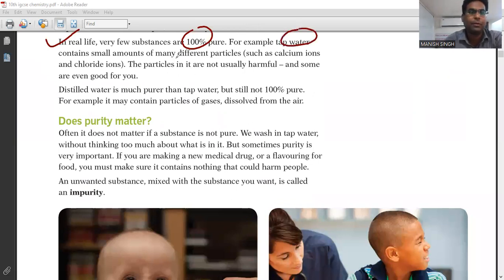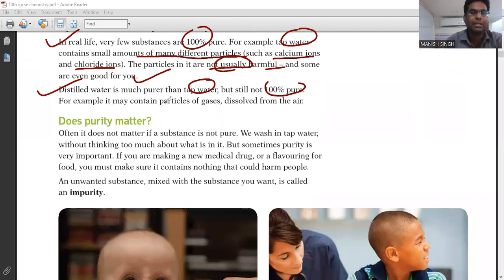For example, tap water contains a small amount of many different particles, like calcium ions and sodium ions. The particles in it are not usually harmful, and some are very good for you. Distilled water is much purer than tap water, but it is still not 100% pure. For example, it contains dissolved gases.